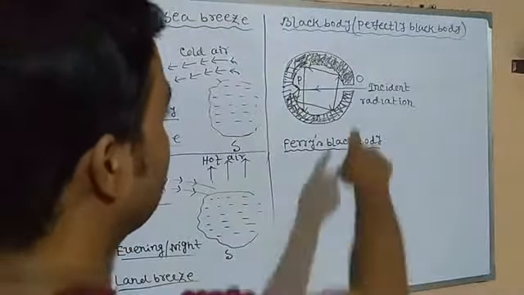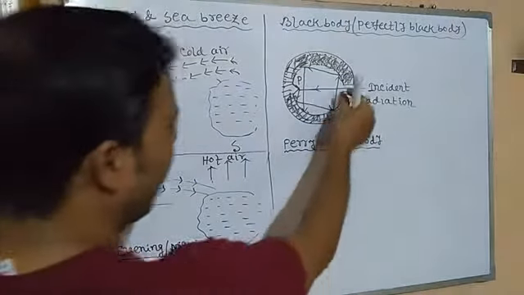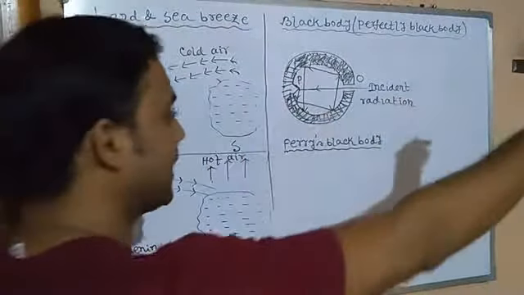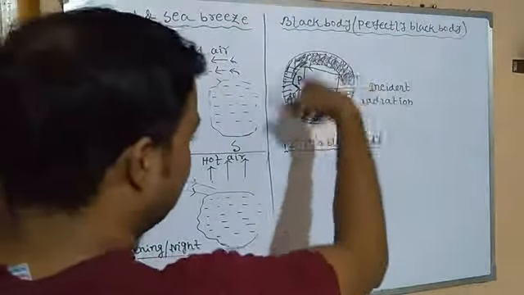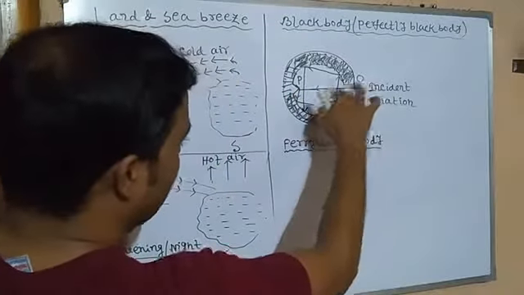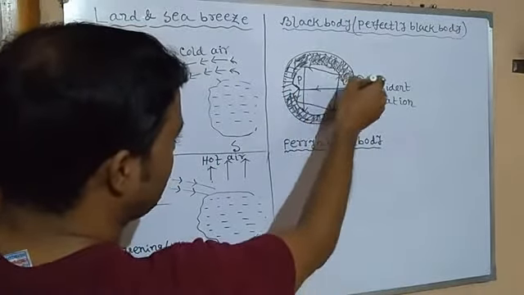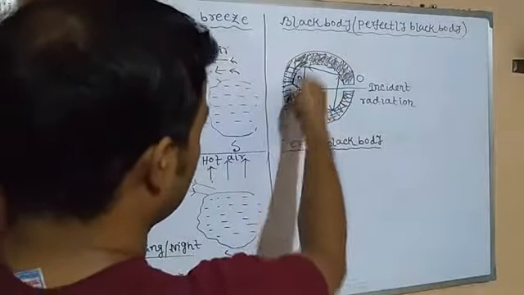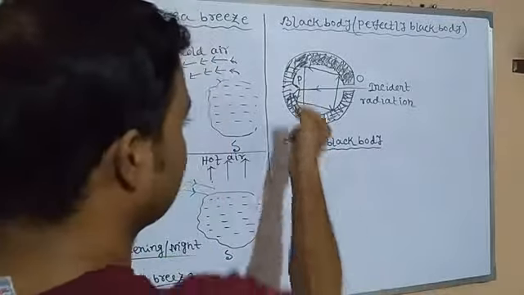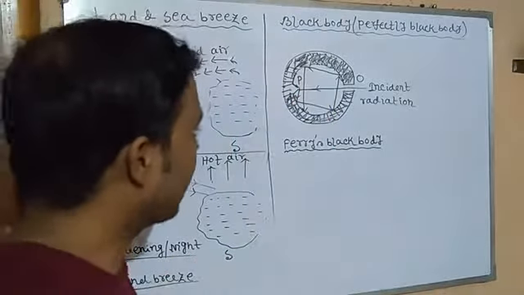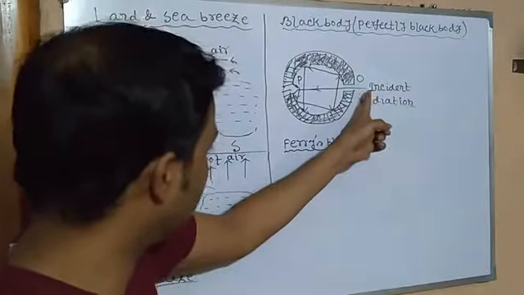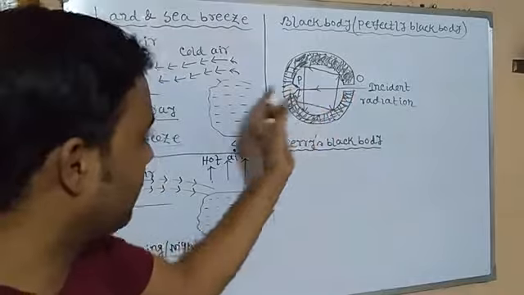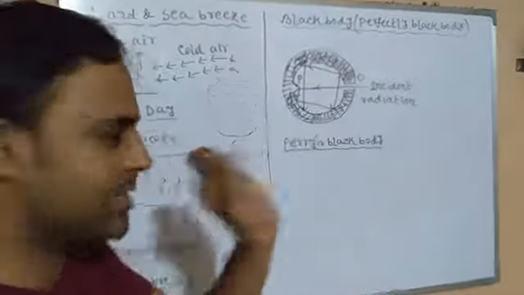Now you can see a very small aperture, a hole made for the incident radiation, so that light can enter through it. Exactly in front of it, the inside is designed with a sharp edge.